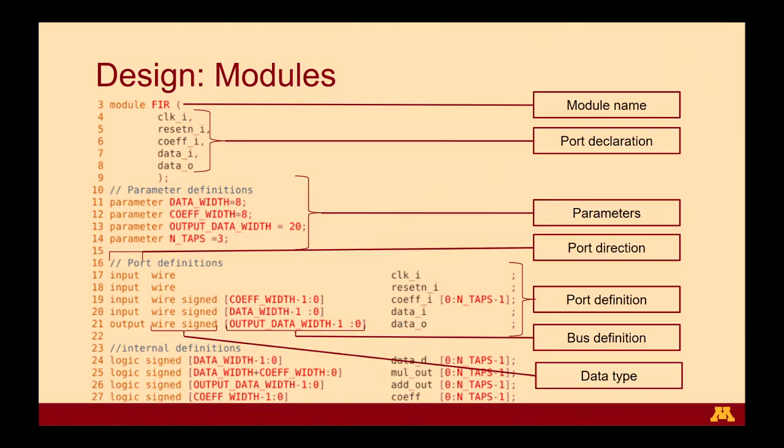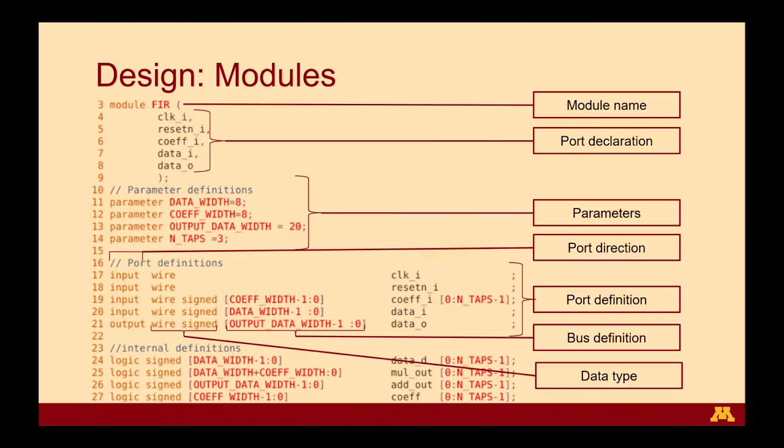This is an example of what Verilog code would look like. The basic unit of Verilog is the module. The module is used to define a hierarchy within your structure.